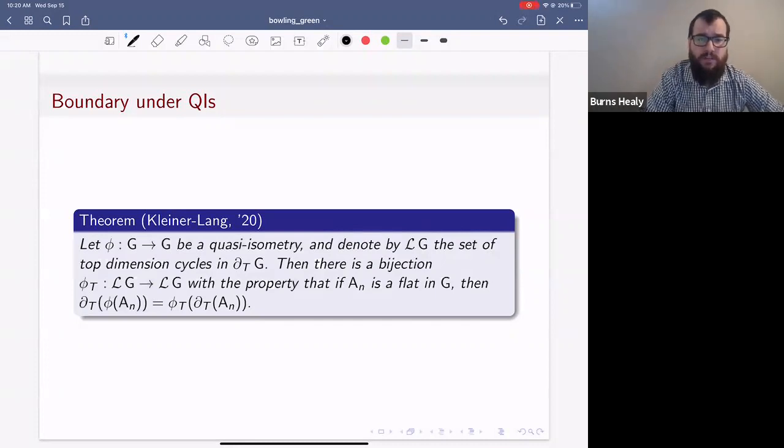Obviously, their machinery is much more general, but the long and short of it is that you get a bijection of top dimensional cycles in the Tits boundary. Here I really do mean the Tits boundary, not the cone boundary. In the Tits boundary, you get a way to assign cycles to cycles in a way that respects the quasi-isometry on the interior.